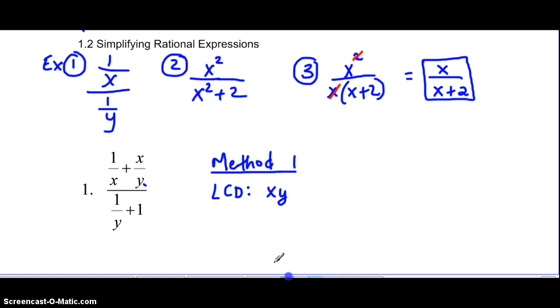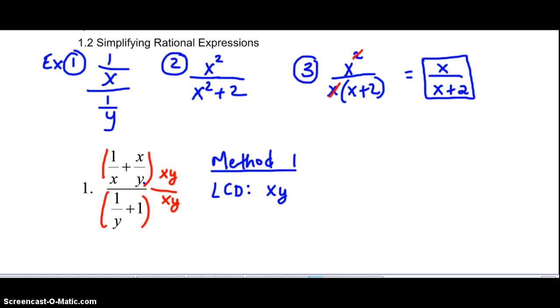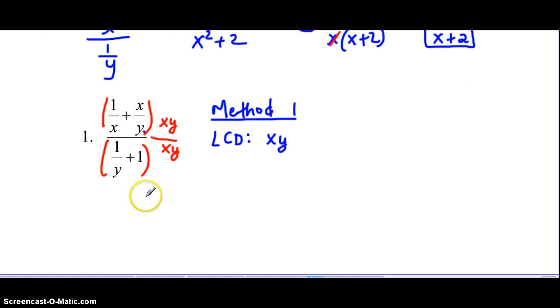So if I take xy to multiply by the numerator, I also have to multiply that by the denominator. And each item has to be multiplied by that. So if we have x times y times 1 over x, it would result in y because we would cancel out that x and that x.